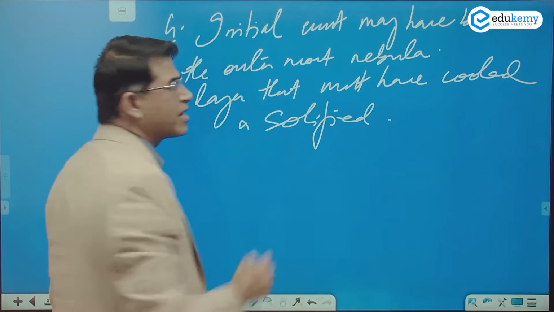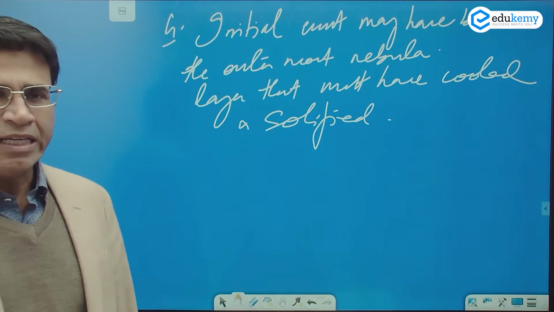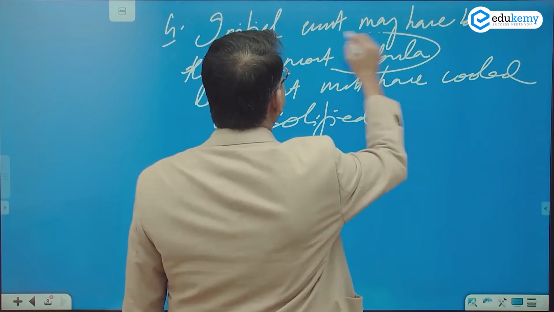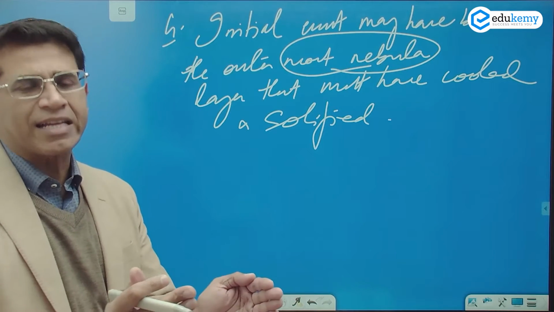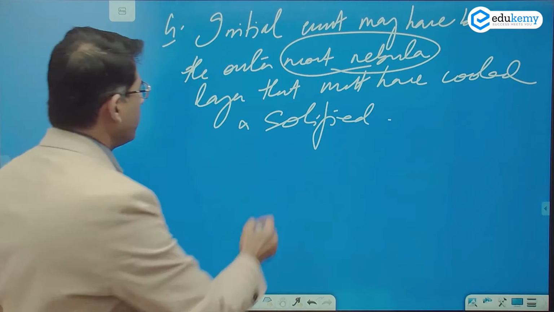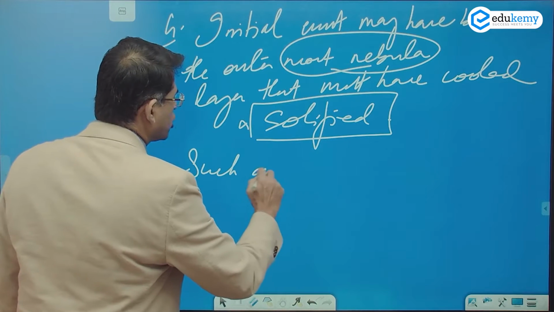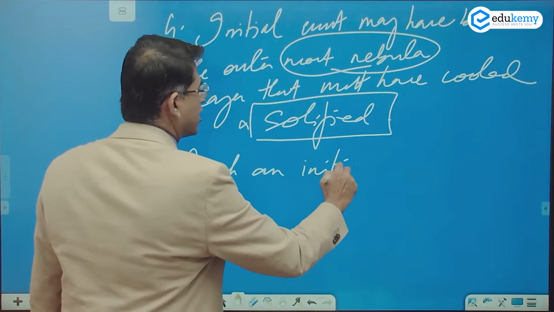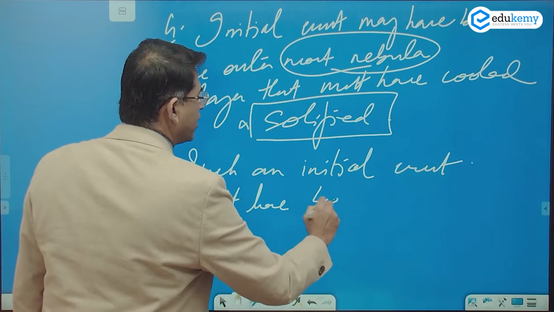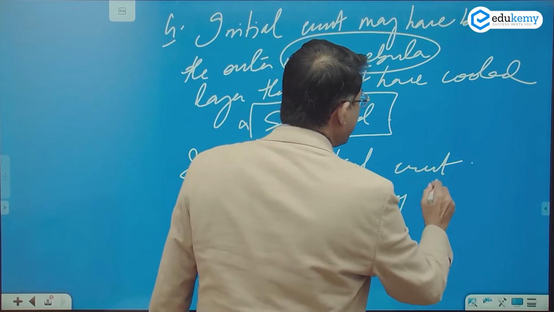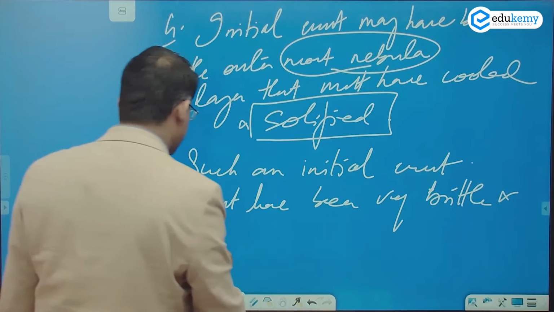How would the outermost layer have formed? It must have formed from the ancient nebula. The nebula was cooling, contracting, and became solid. Such an initial crust must have been very brittle and unstable.